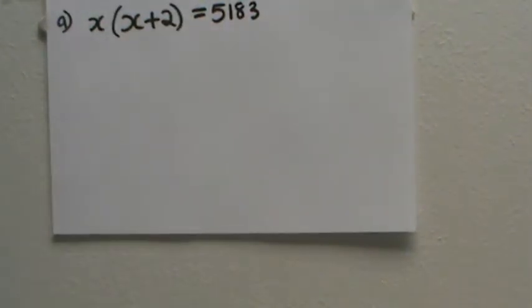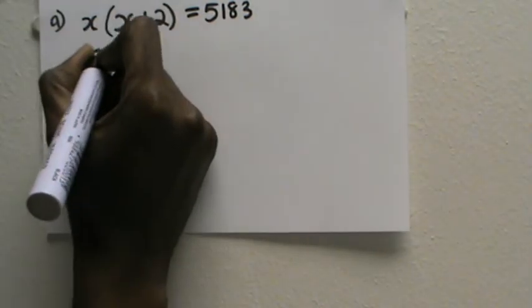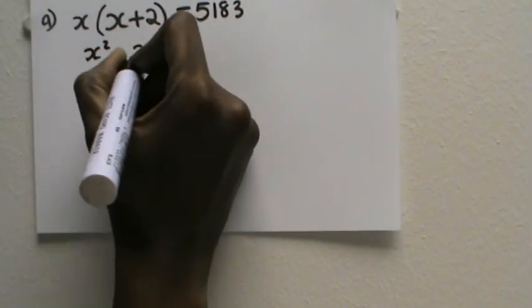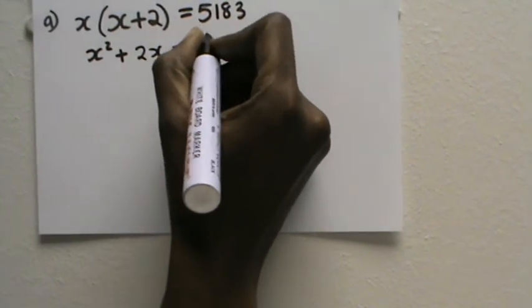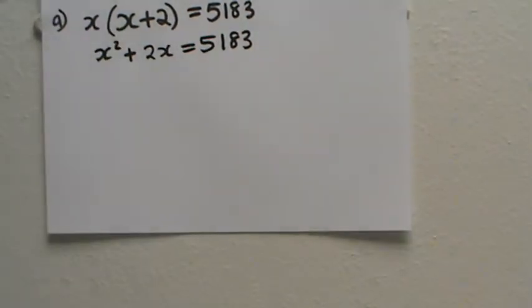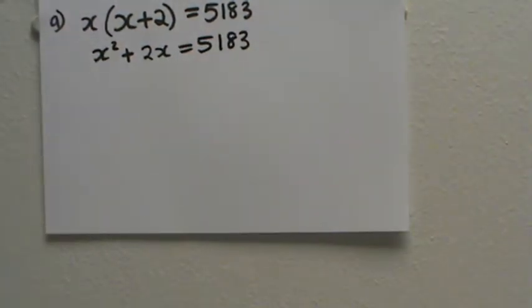Okay, so we can multiply out the brackets. You have x squared plus 2x equals 5183. So you should be able to see that this is a quadratic equation, and you can factorize it.